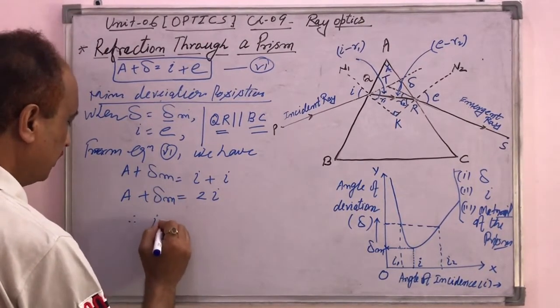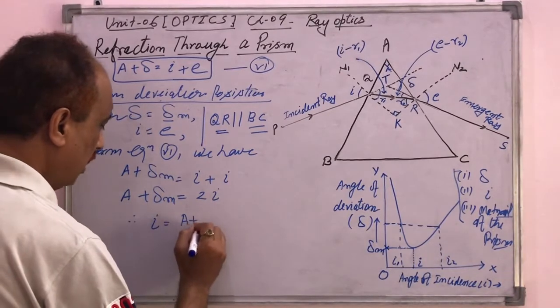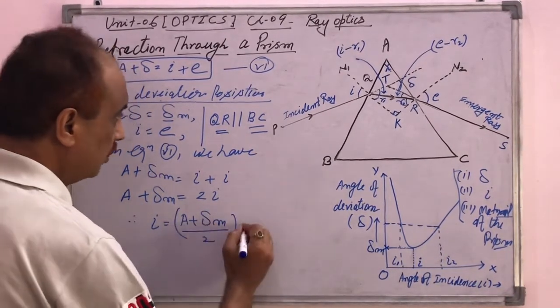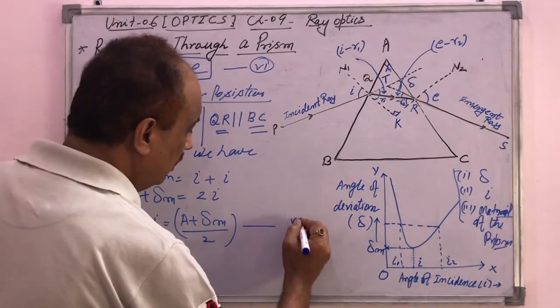Therefore the angle of incidence I equals A plus del m divided by 2. So it is equation number 7.